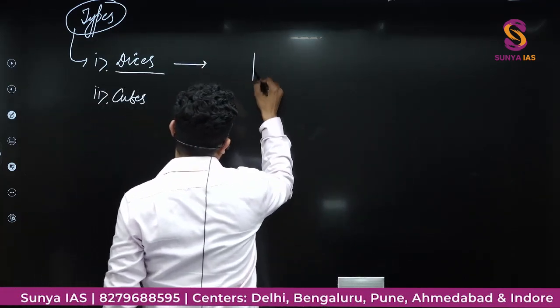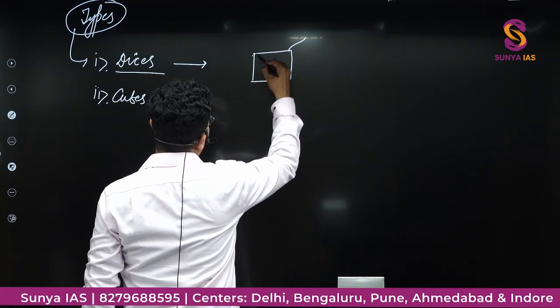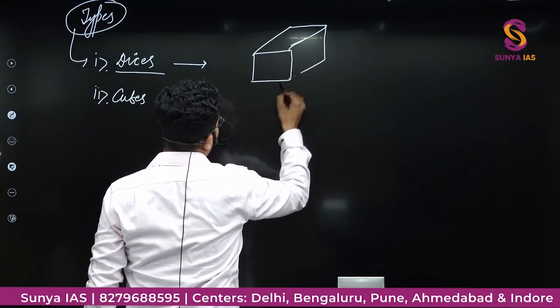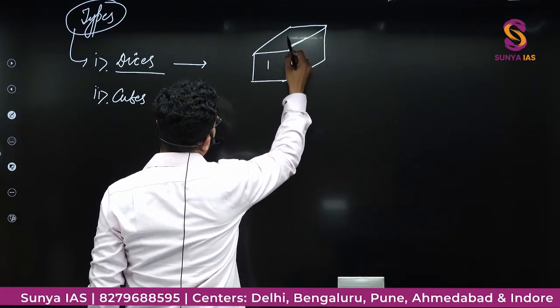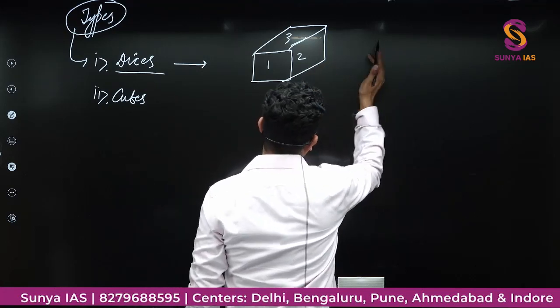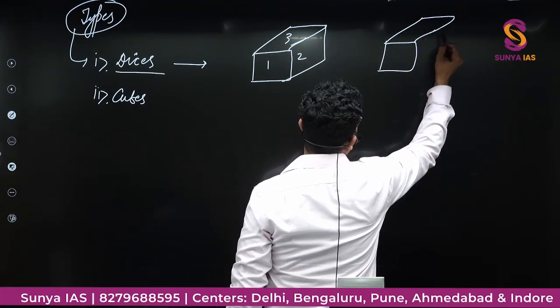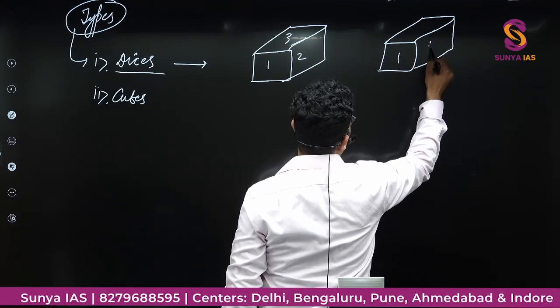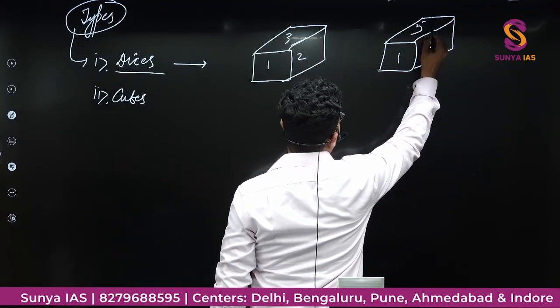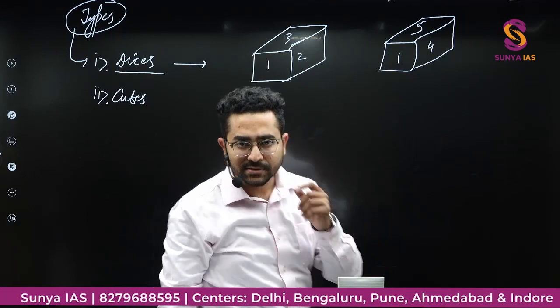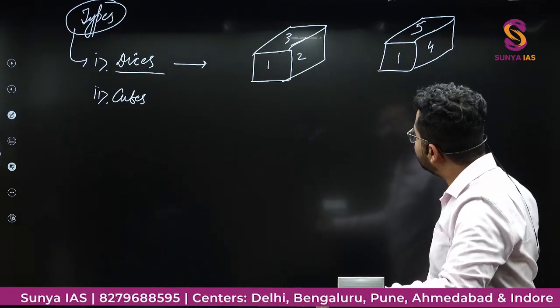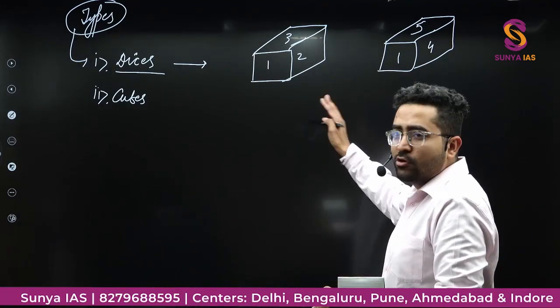So in dice, what kind of question do they give? Let's say dice ऐसा कुछ आया, ऐसा कुछ है. Let's say this is one dice. The same dice is shown in another position. Let's say this is the side per dice given. Now they might ask which side is opposite to 1.